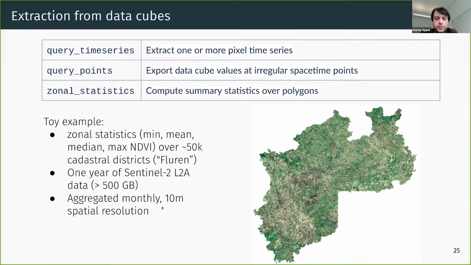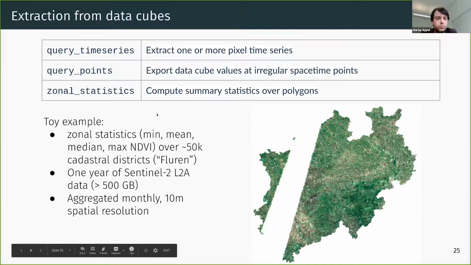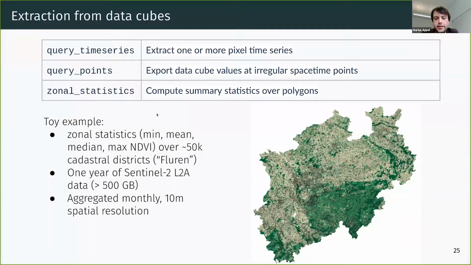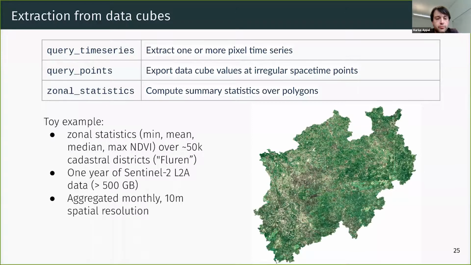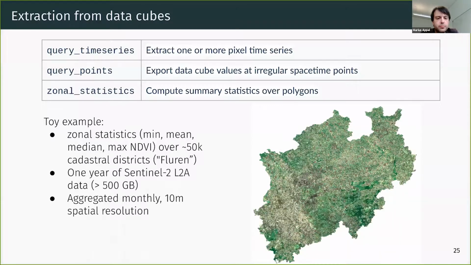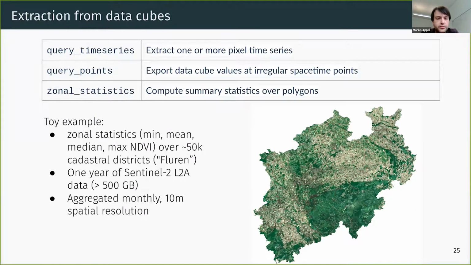So what you see here is an example application of the zonal statistics function, which we just applied for testing. Here we derived the minimum, mean, median, and maximum NDVI values over around 50,000 cadastral districts over North Rhine-Westphalia.